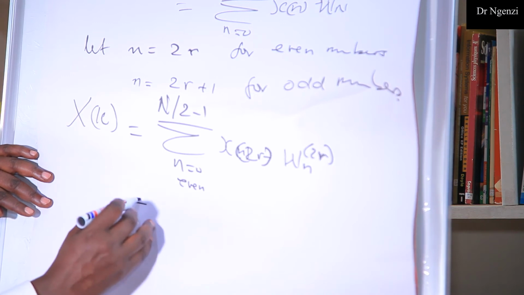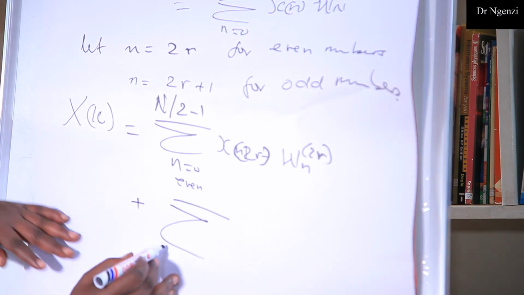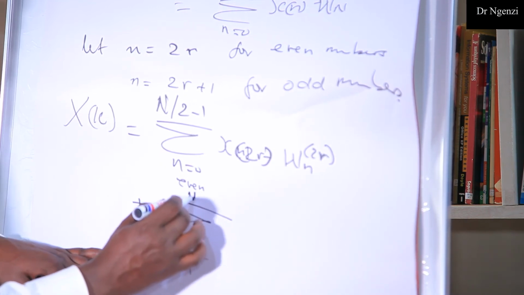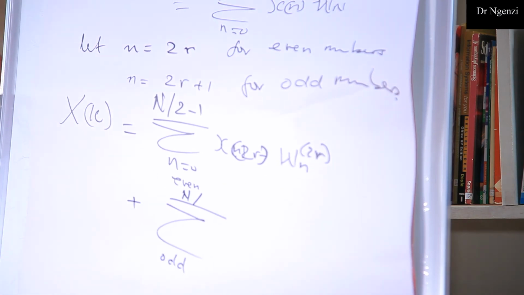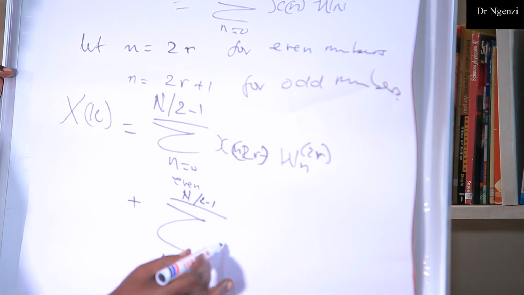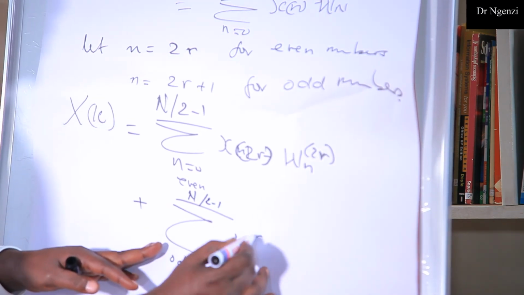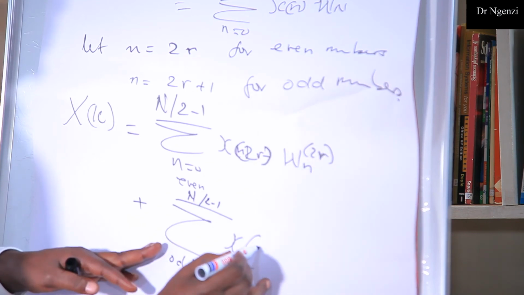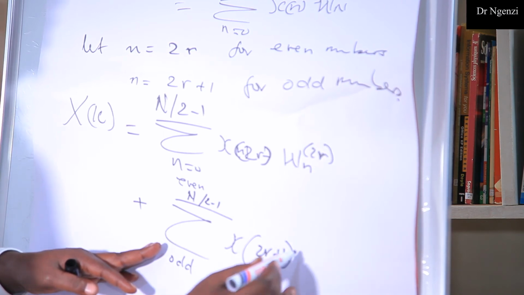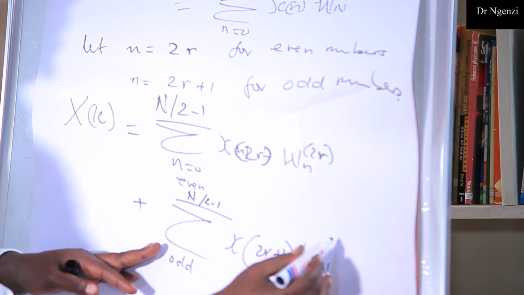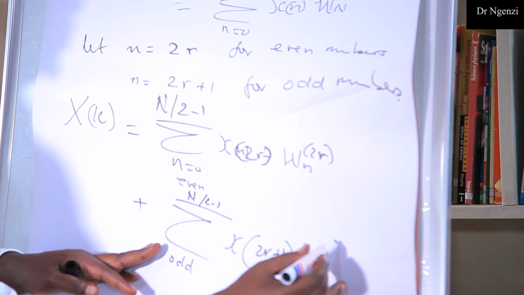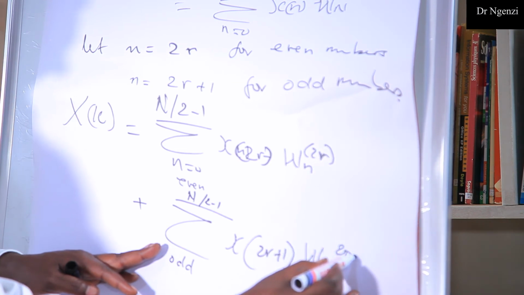Then plus summation of the odd part, n over 2 minus 1, x of 2r plus 1 times W big N to the power 2r plus 1.